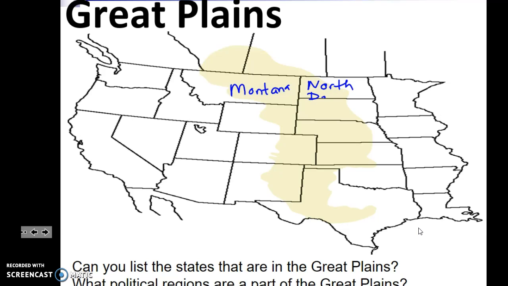I'm glad that this map is bigger so you can write in the names of the states so you don't have to abbreviate. Then we have part of Wyoming is in the Great Plains. Wyoming means peace in the valley, I think in a Cheyenne Native American language. Then we have South Dakota.